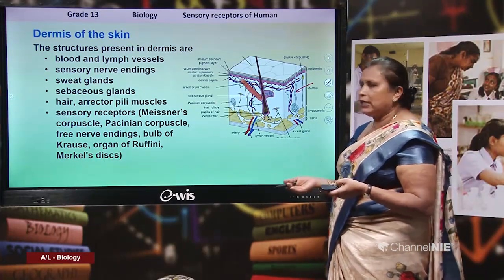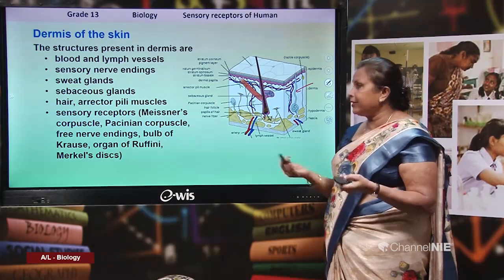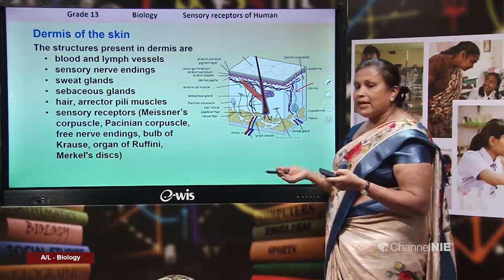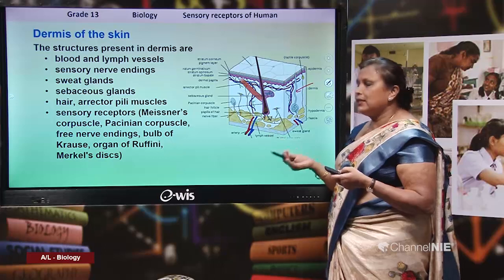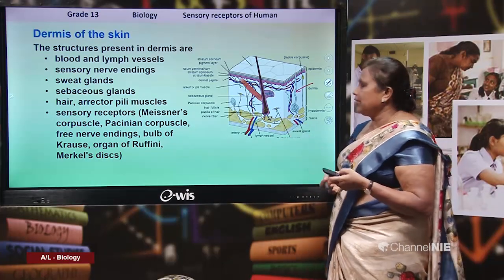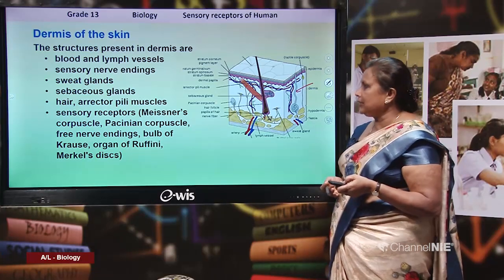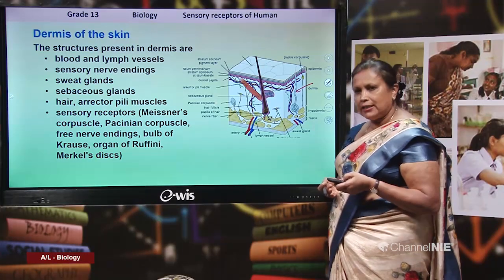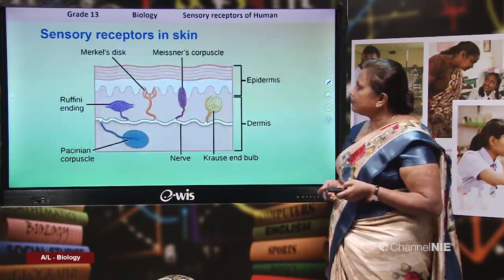Some are for temperature changes, some are for vibration, touch, pressure. Likewise, any of these changes in the environment can be detected using these particular sensory receptors found in the dermal region. That is why we study skin as a sensory organ.